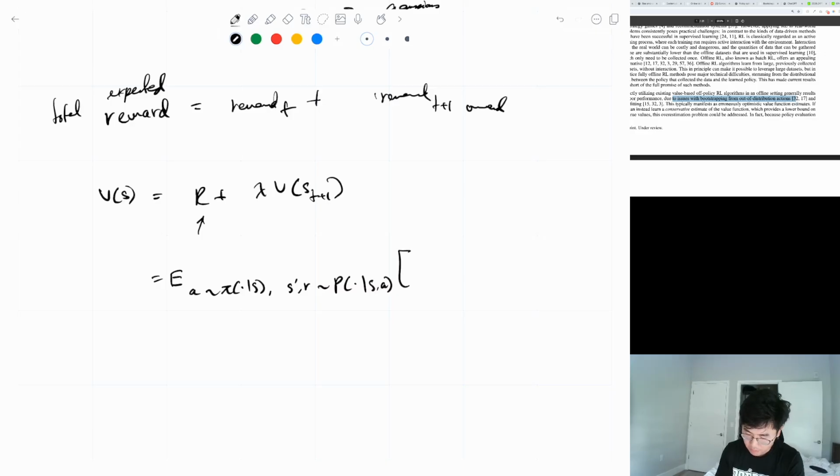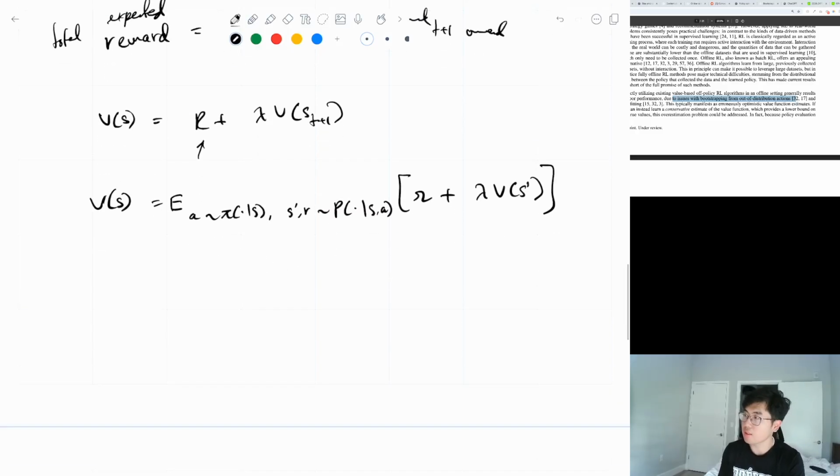This is the expectation of r plus gamma v of s prime. This is the Bellman equation.